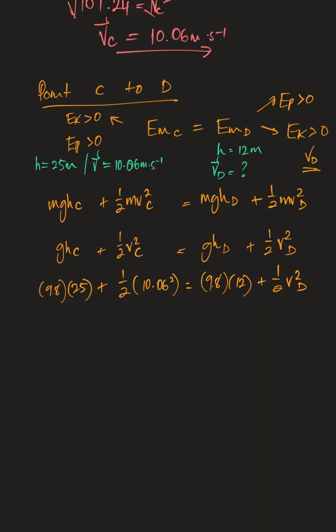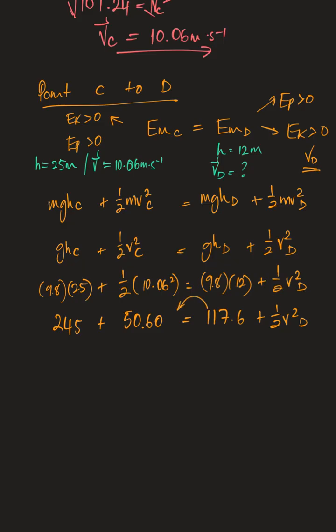Alright, so I've got 9.8 multiplied by 25, and that's going to be 245 plus 10.06 squared times 0.5 is going to give me 50.60 is equal to 9.8 times 12, and that's going to give me 117.6 plus half v squared d.